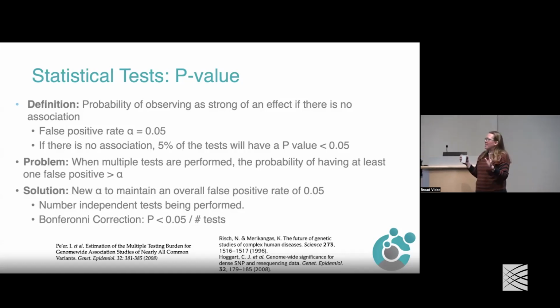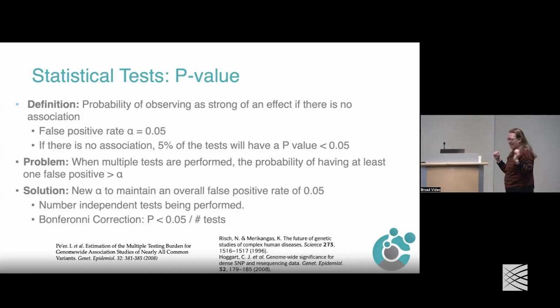This means that if there is no association between your trait and your outcome, and you were to create many different samples in your population, so maybe perform a GWAS in many different groups of people, then about 5% of these tests would have a p-value less than 0.05.